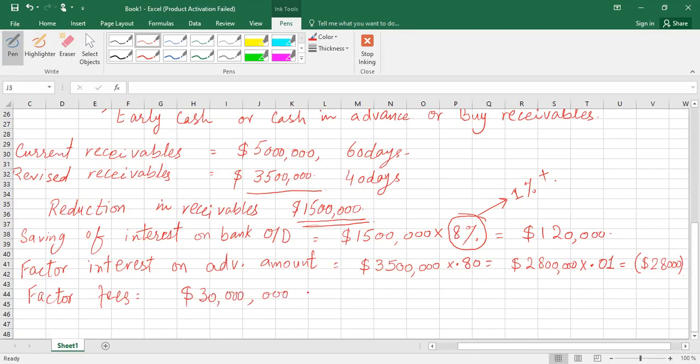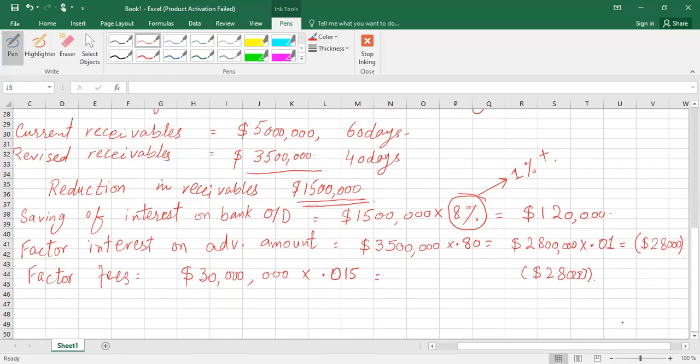Suppose our sales revenue is 30 million, and 1.5% means 0.015. So the factor will charge 1.5% on total sales, which is again $28,000 as factor fees.